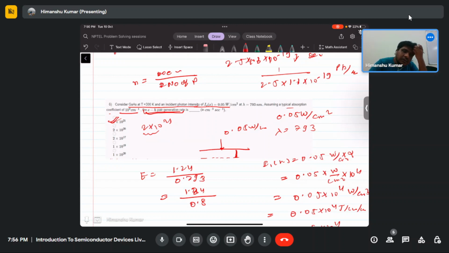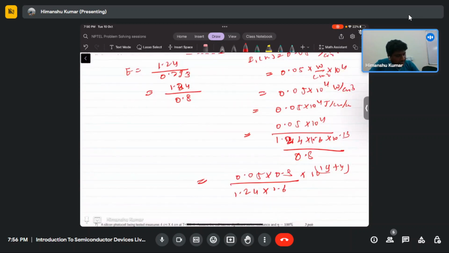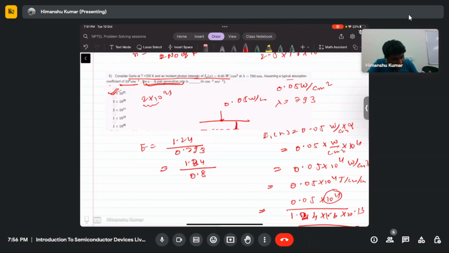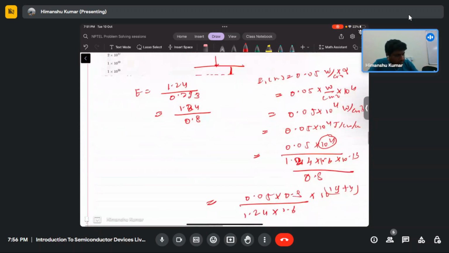Is that clear? Yeah, so 10 power 19 plus 4. The solution is 10 power 21, right? Okay, sir. So the bottom terms are around 1, so the power will go in this actually. So this will come 10 power 23, right?